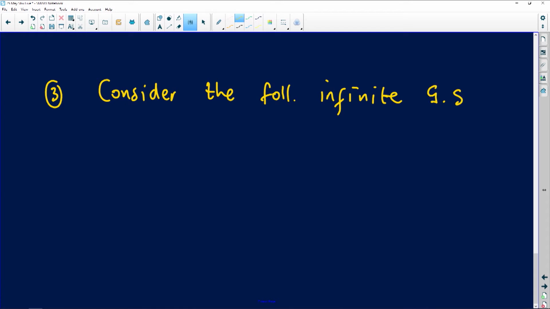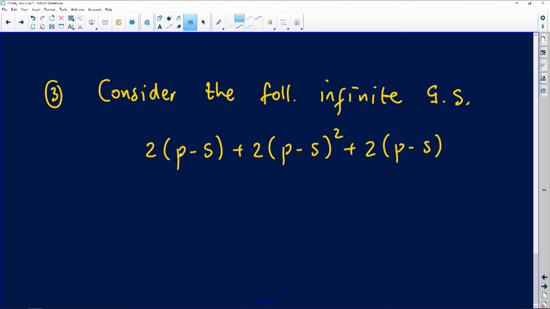They wrote 2 times p minus 5, plus 2 times p minus 5 squared, plus 2 times p minus 5 cubed, plus, and this thing goes on and on.